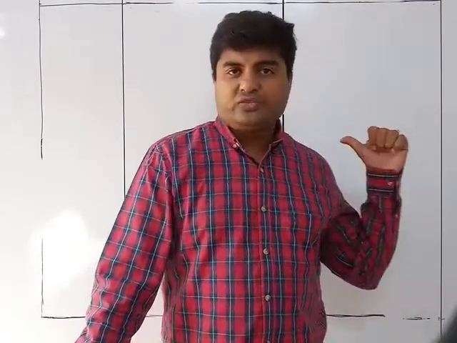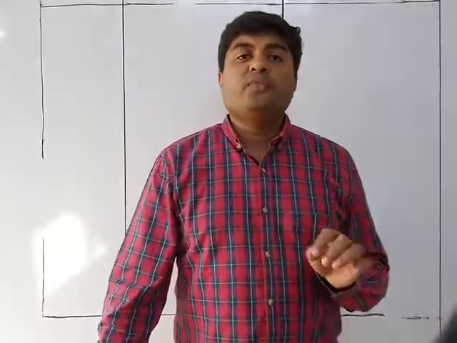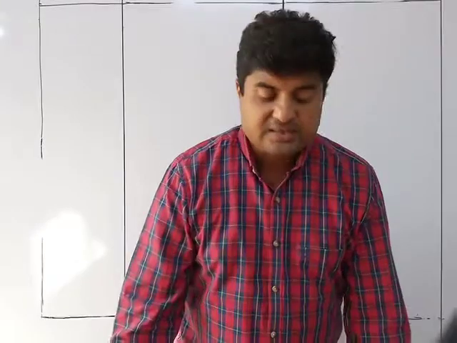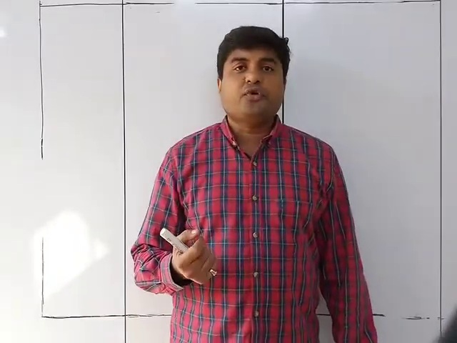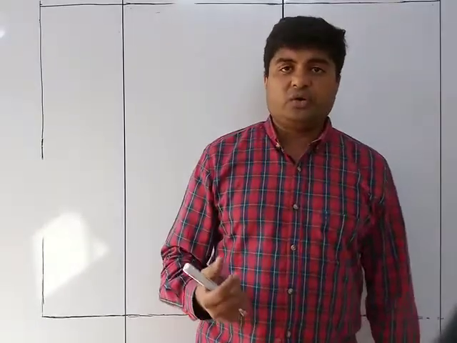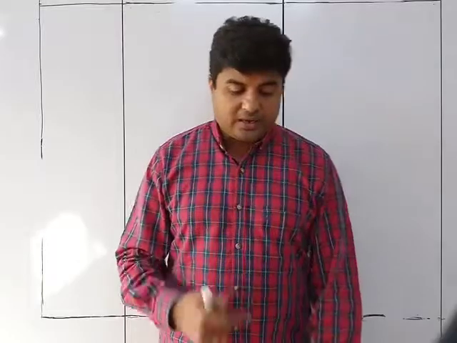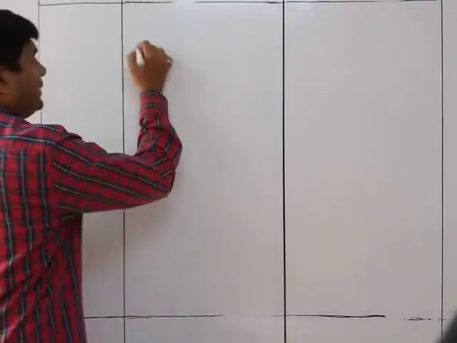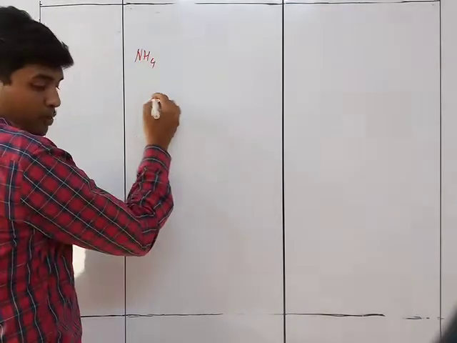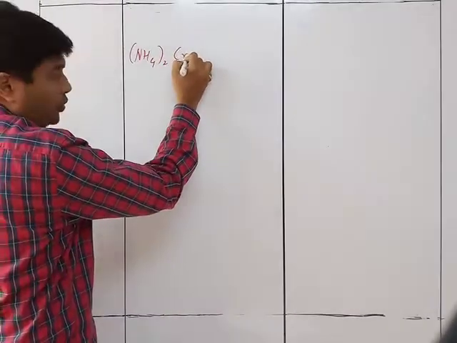Now see, all these questions we saw over here are very good examples of when they ask you to write the observation for. In the write the observation for questions, if there is any kind of color change or any kind of gas evolved, then these become very important questions. So here the question is ammonium dichromate, that is NH4 ammonium dichromate Cr2O7.